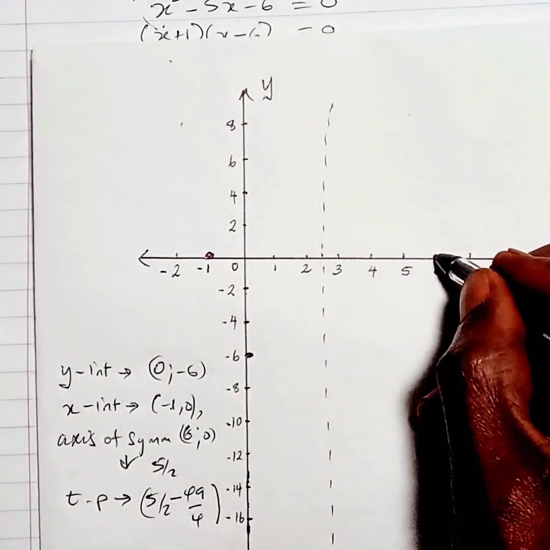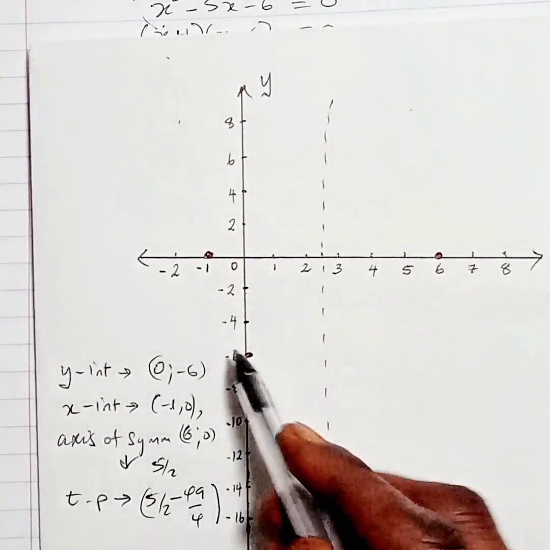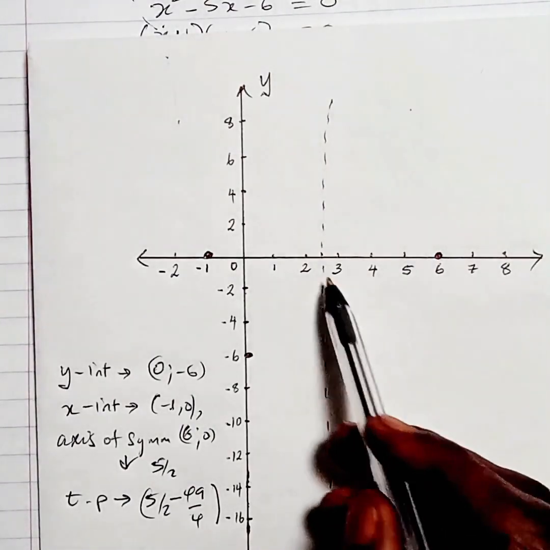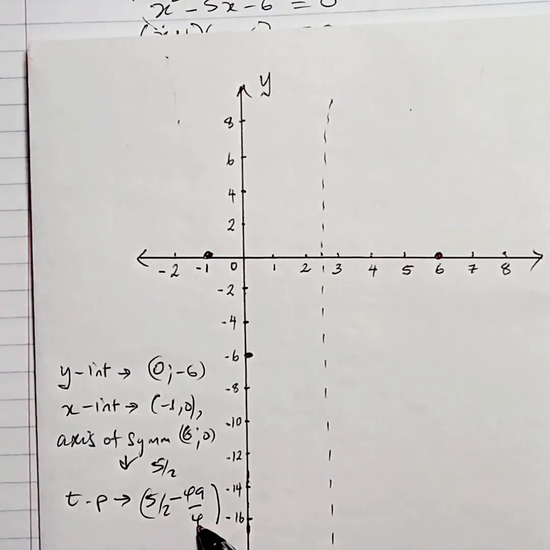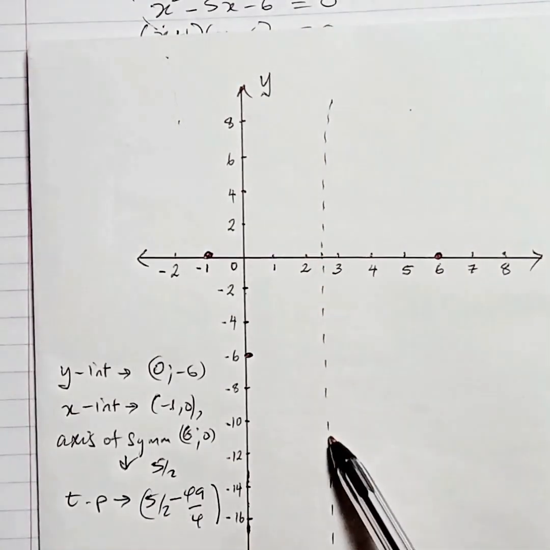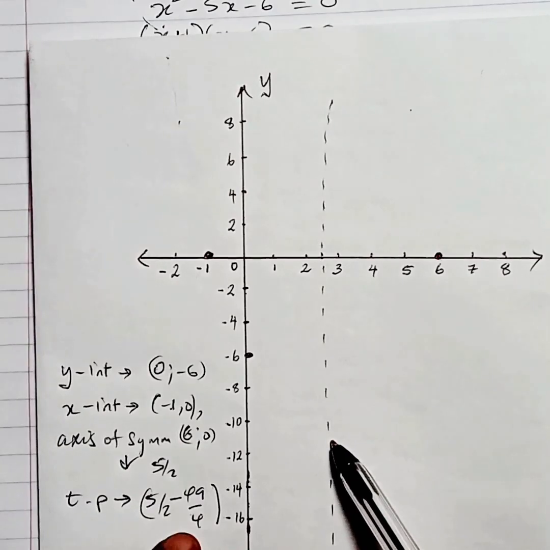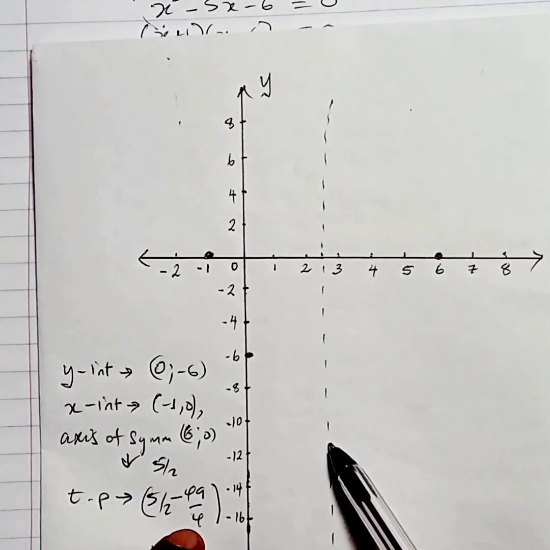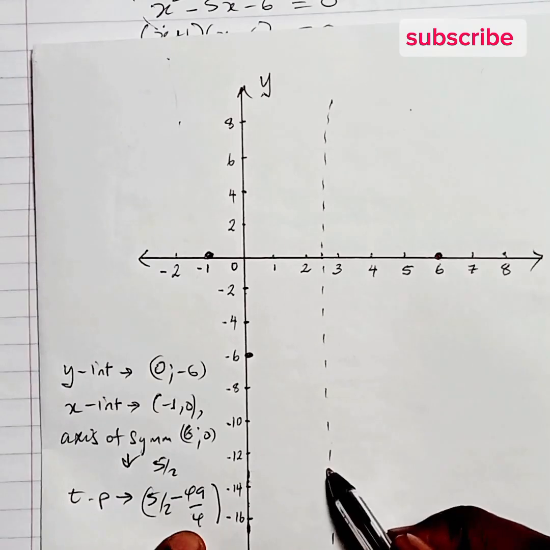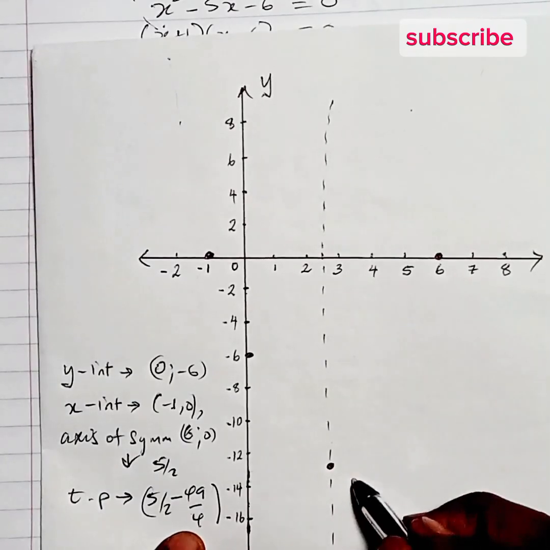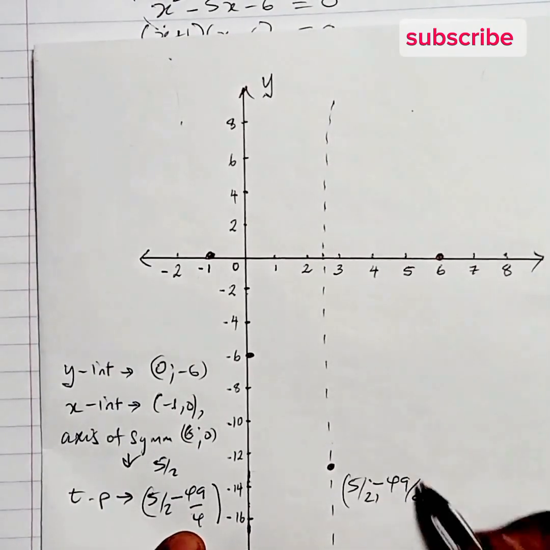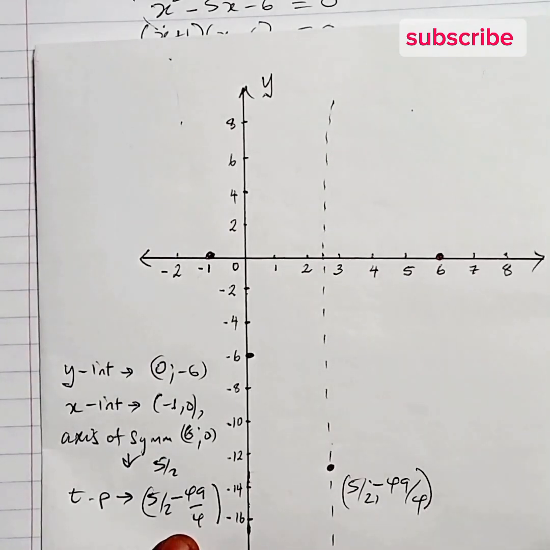So there's another x-intercept here. The first one is here, the second one is here, and now the turning point is at (5/2, -49/4). So it's here for the x-axis, and then for the y we have -49 divided by 4, which gives something like 12 point something. So it's somewhere here. So we've got a turning point there, which is (5/2, -49/4), like that. So now we can sketch the graph.